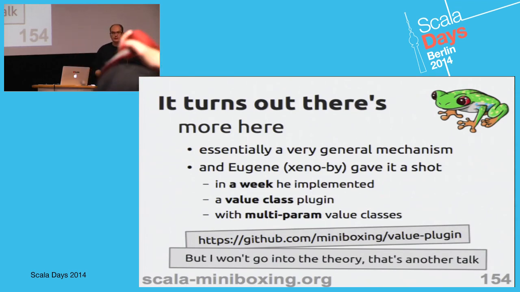Here, when you have, for example, a method that returns a value class with multiple parameters, you cannot unbox it because the JVM doesn't have multi-entry return. So you need to box it. And what we see is basically a huge number of very short-lived objects that get created and thrown away as soon as the method returns. So yeah, it does break performance. I'd like to see if I can do something about it.